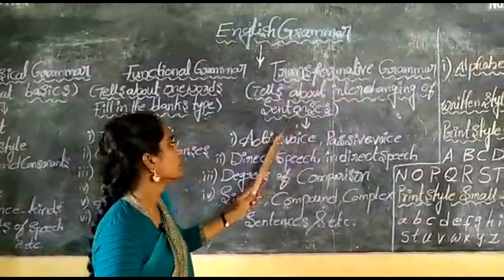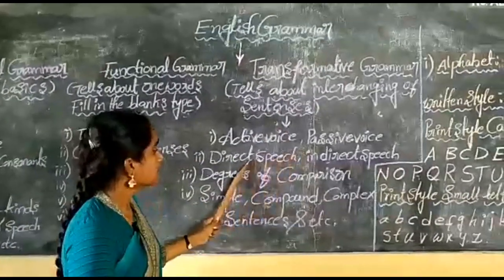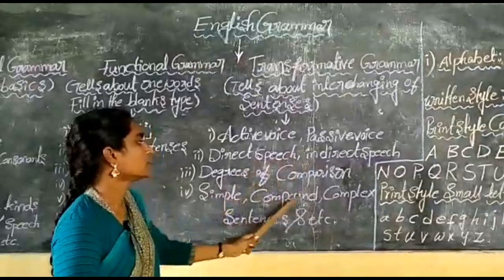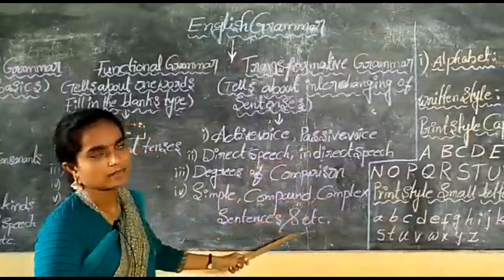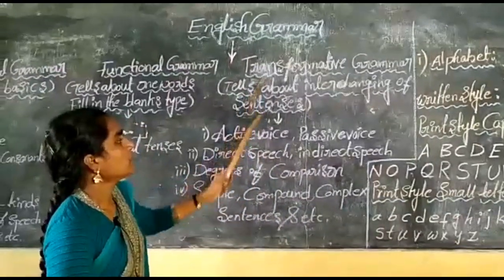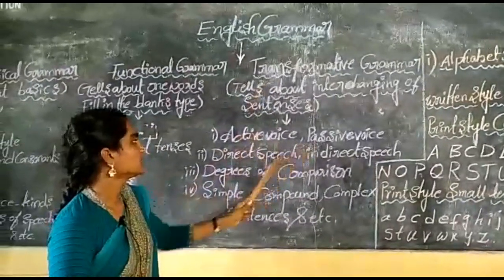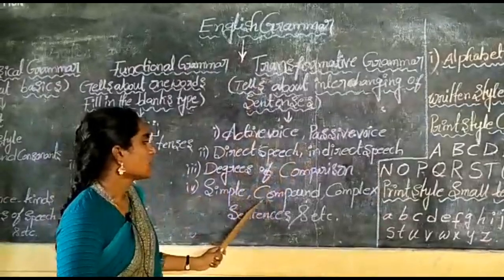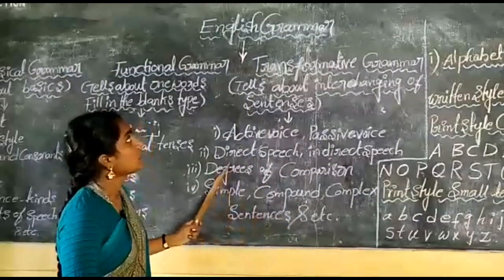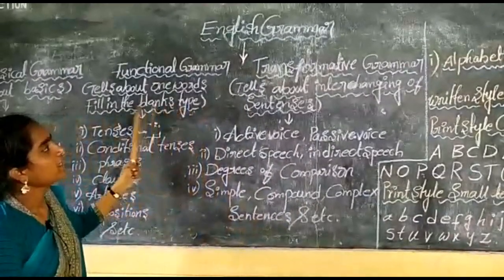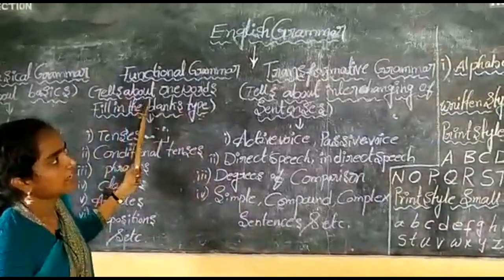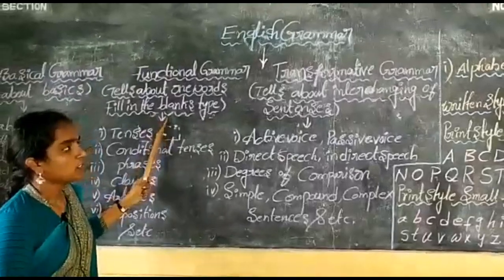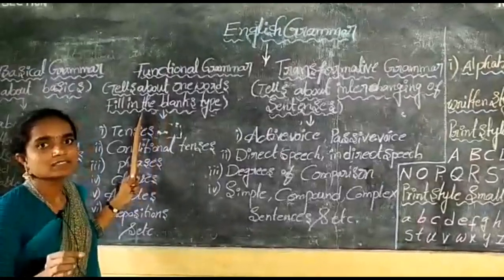This mainly covers active voice, passive voice, direct speech, indirect speech, degrees of comparison, simple, compound, complex sentences, etc. This is how English grammar is mainly divided into three parts and then further divided into different parts. So we are going to learn some points in the basic grammar.